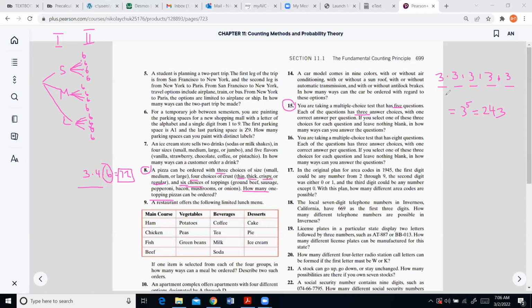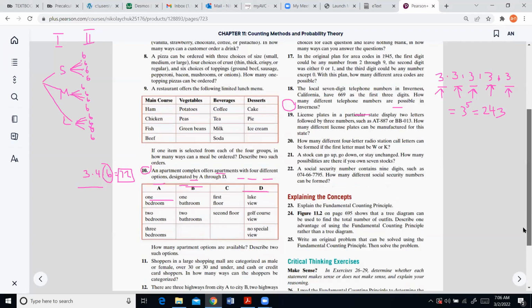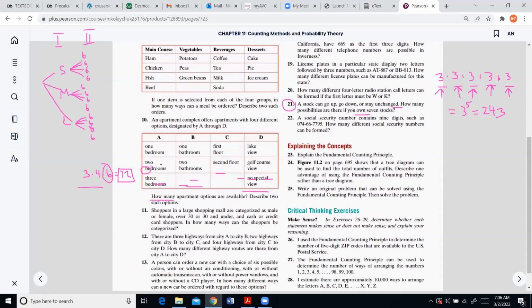You just have 3 choices for the answer for each question of this multiple choice test. So yes, problems are not all identical, but the key idea of multiplying things goes throughout the entire section. That's what we need to get used to, little by little.